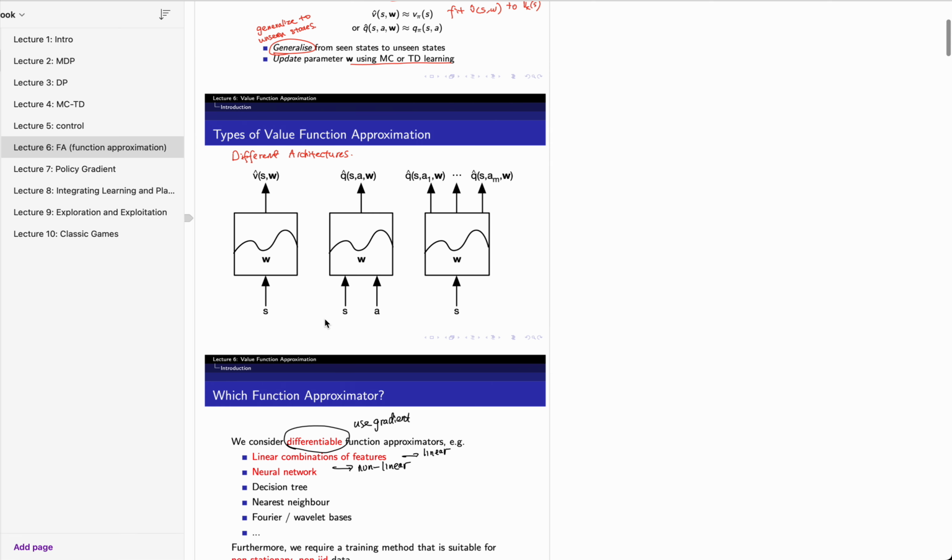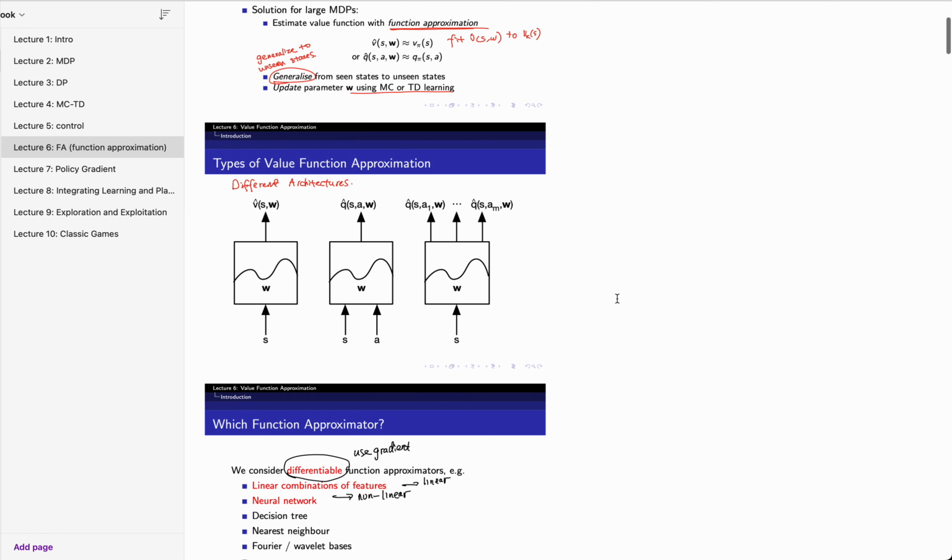You can give input s, parameterized with W, and output the approximated V, or you can approximate Q with input both s and a. You can also parameterize Q with just the input of s.